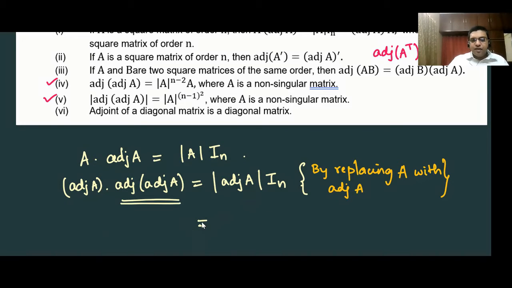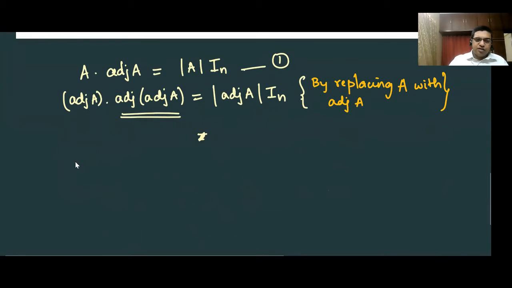Now I'll go back to this equation 1 and I will do this. I will take determinant on both sides. Determinant of A into adjoint A is determinant of A into In.